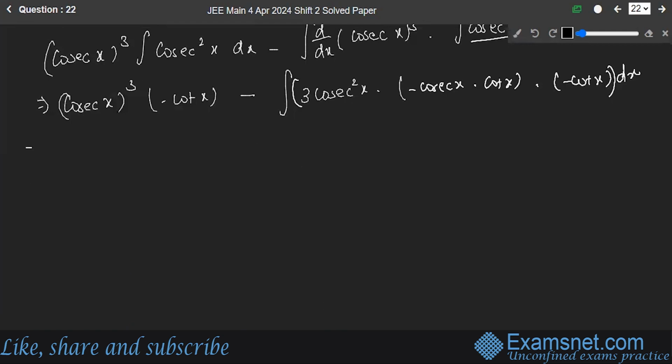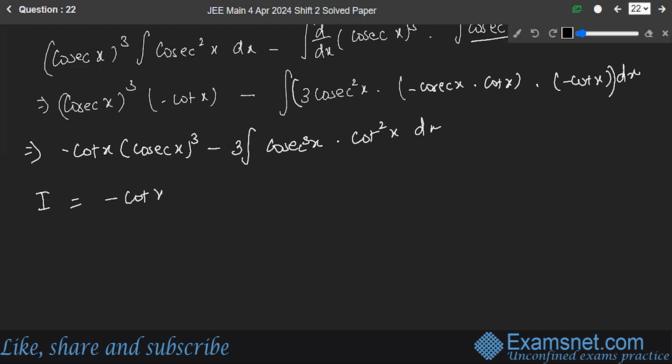Okay. So this is equal to minus cot x cosecant cube x, and this will be minus 3. I'm taking this outside. Cosecant cube x into cotangent square x dx. That was your I is equal to minus cot x cosecant cube x minus 3 outside, integral of cosecant cube and cotangent square.